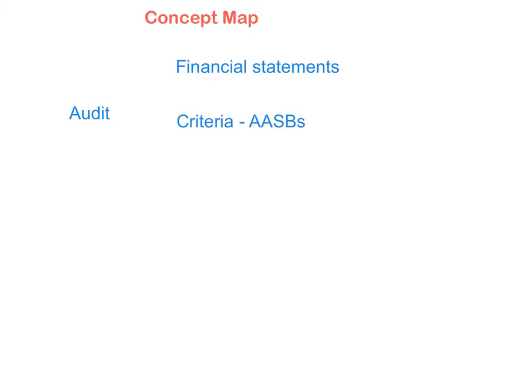We know that the audit also has something to do with the audit firms, and that they have to be independent is key. All right, so let me just draw some lines of how these fit together.